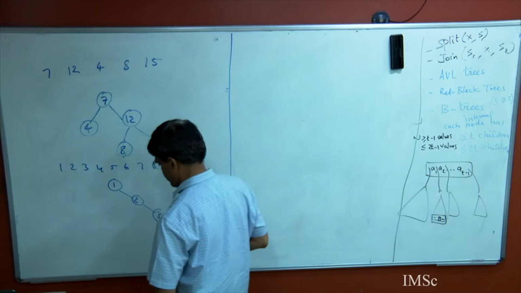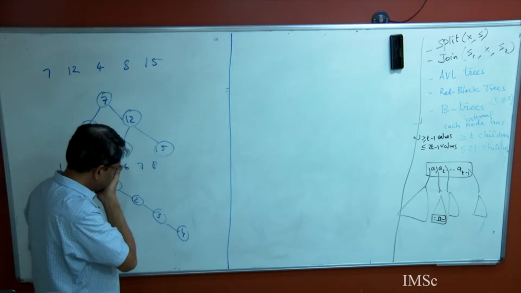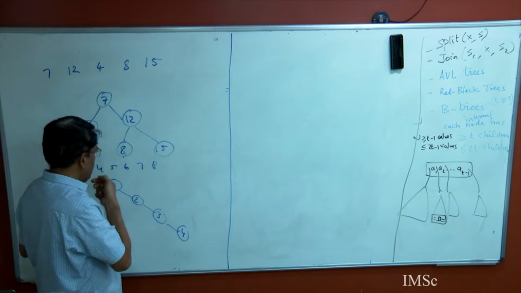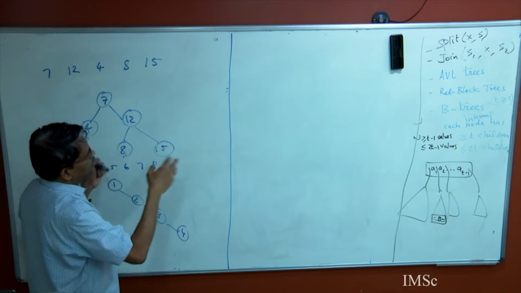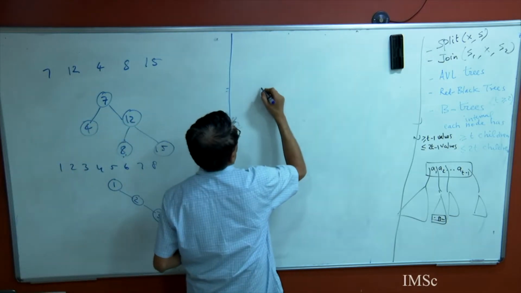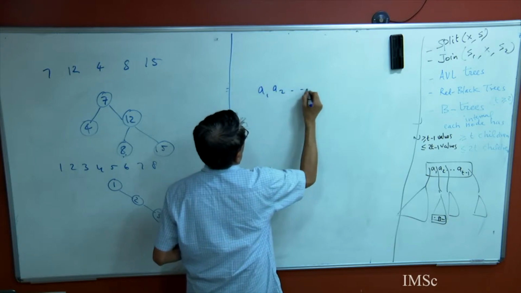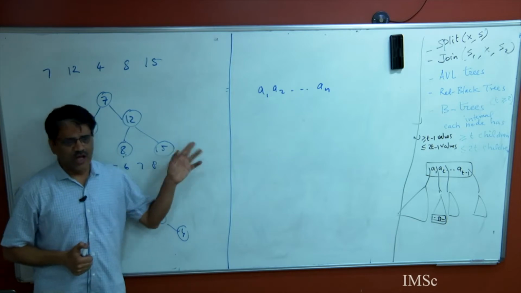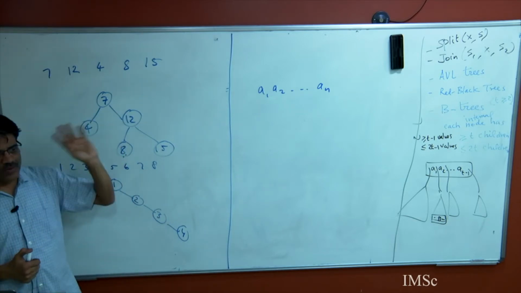So let's see. I'm trying to insert some a1, a2, ..., an, and I'm building a binary search tree on this. And a1, a2, ..., an, let's assume, is 1 to n in some permutation.